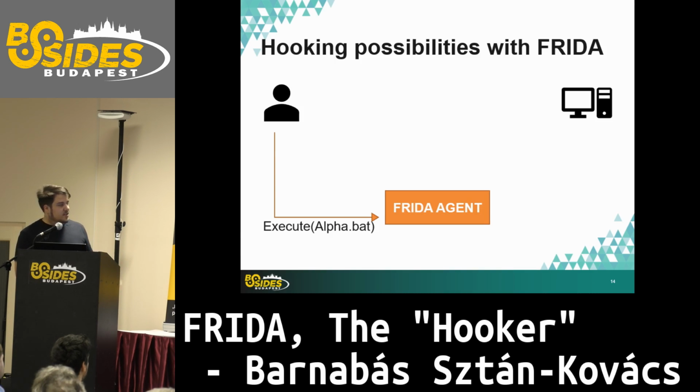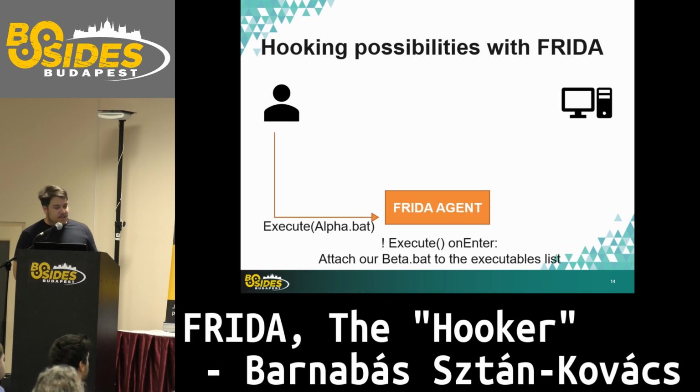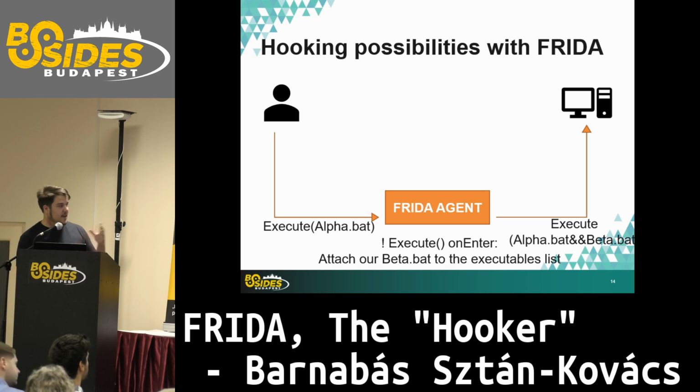Our Frida agent is trained to intercept these calls, and it sees that, oh, execute just entered me, and I want to attach beta.bat to the executables list. So when it leaves the Frida agent and the executable, it goes to the Windows API in the system and has two arguments: alpha.bat, what the user called, and also beta.bat, what our Frida agent wanted to do.